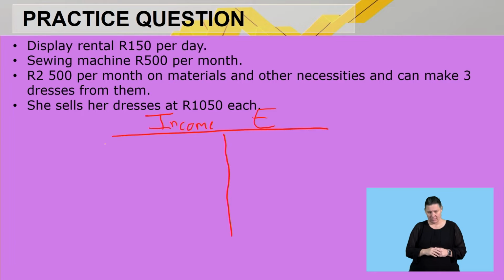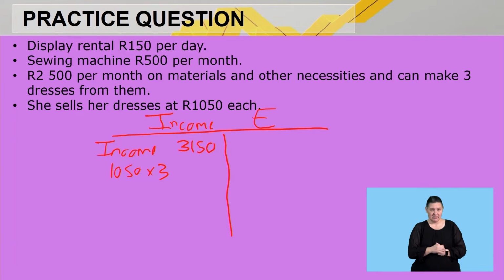So, her income is from the dresses, and it's 1,050 Rand times 3, so therefore she's got 3,150 Rand.